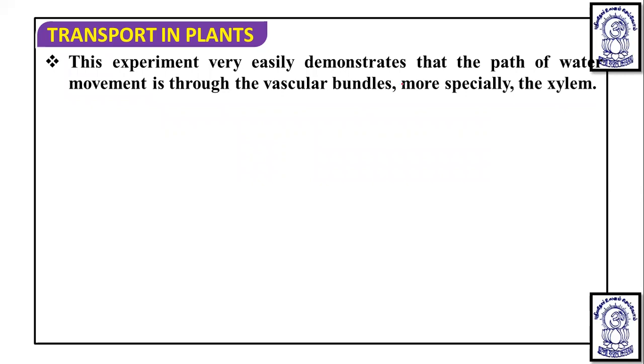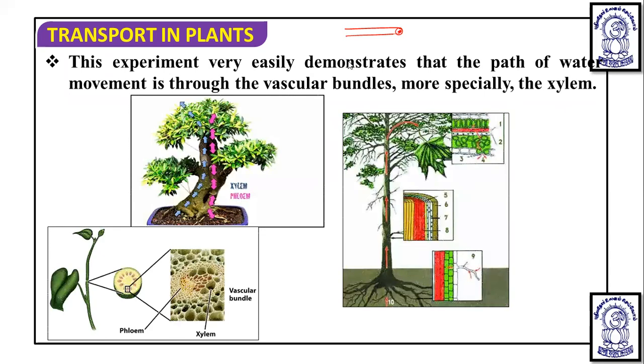If we see this end, some portion is colored and another is not, which depicts that the transport is occurring through the vascular bundle. In this diagram, if you take a cross section, you will see the xylem become colored. So xylem shows transport from root to the leaves or upper aerial organs, whereas phloem transport occurs from the leaves to the other plant organs.